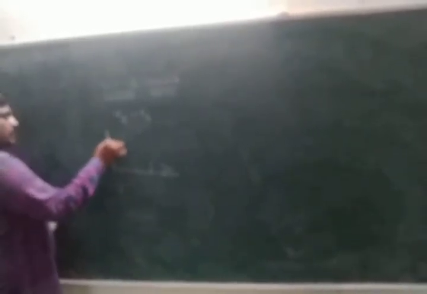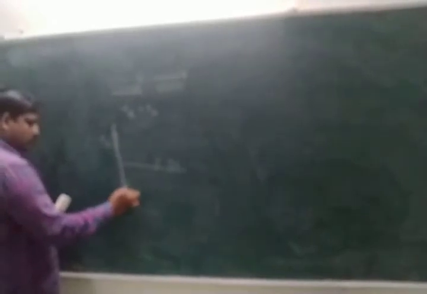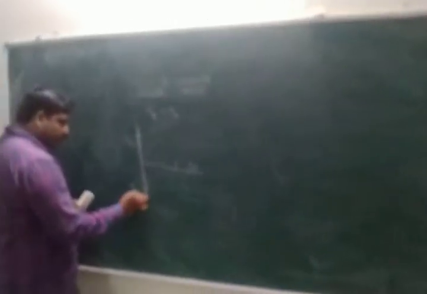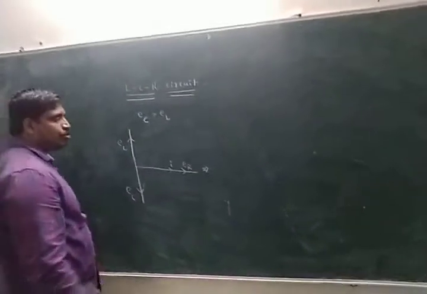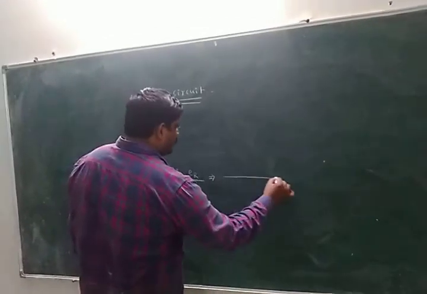This is EL, the voltage through the inductor. This is the voltage through the capacitor. According to the condition, EC is more. Simply, the net depends upon EC. That means EC is more.